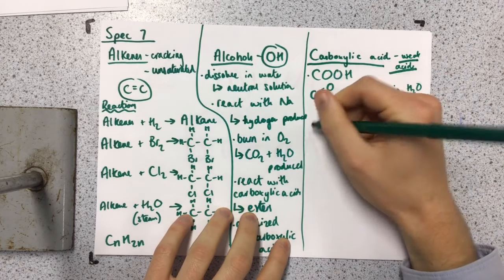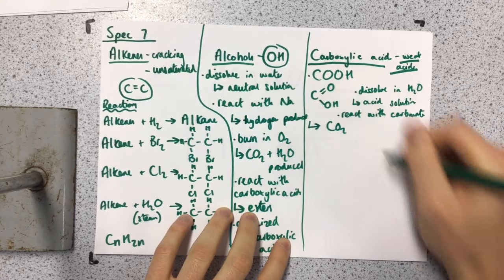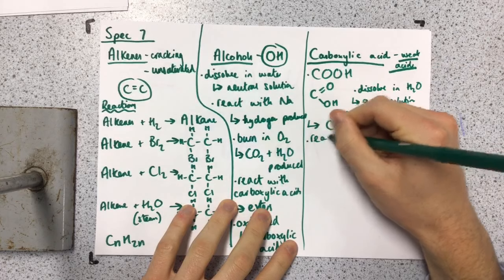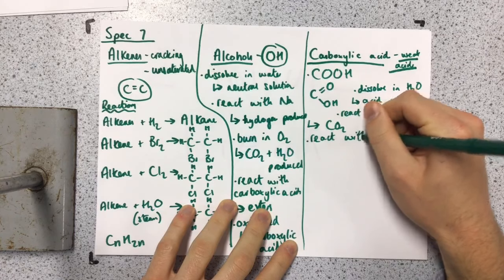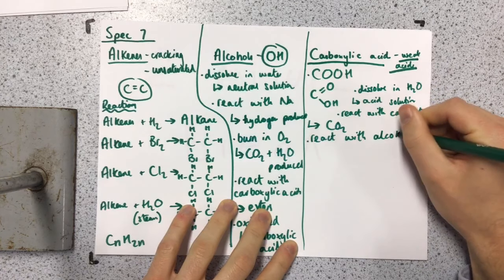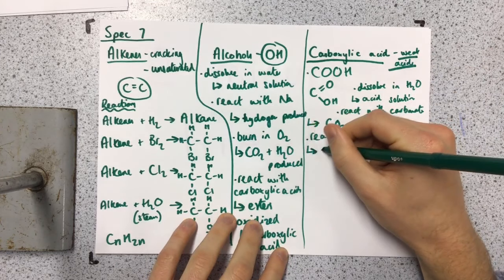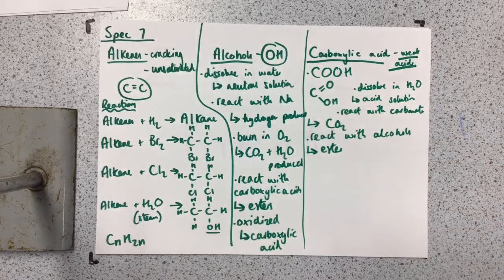So react with a carbonate, you get CO2 produced. You can also react them with alcohols, and in that case, you then get an ester. So I would say that they're your main 3 functional groups, really, for Spec 7, the additional ones.